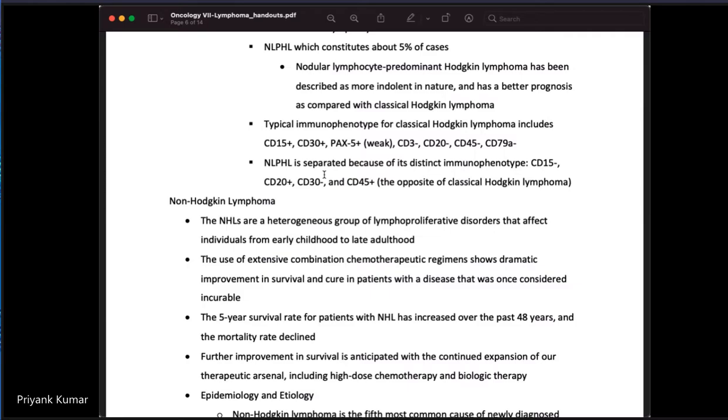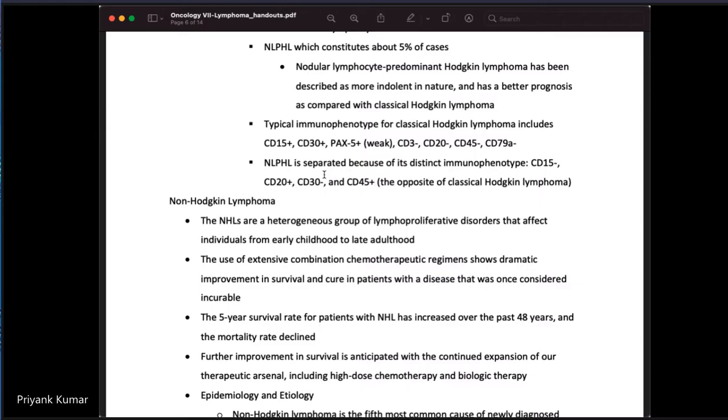Okay, so that's why it is called cluster of differentiation, CD. Now let's say if it's CD15, that means this number represents the antibody that is present on these cells.